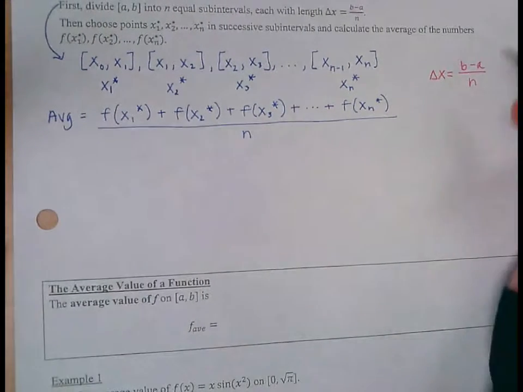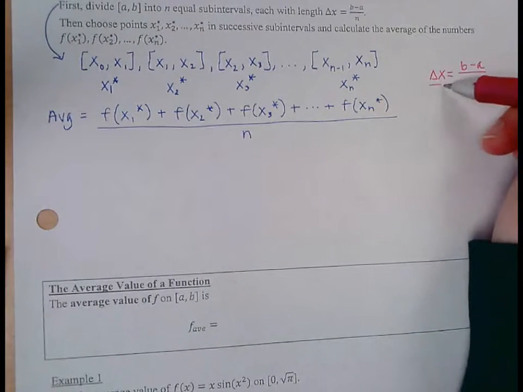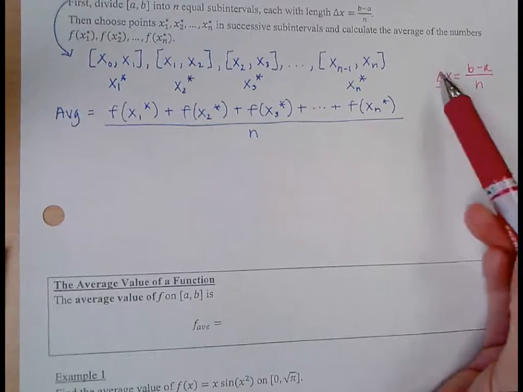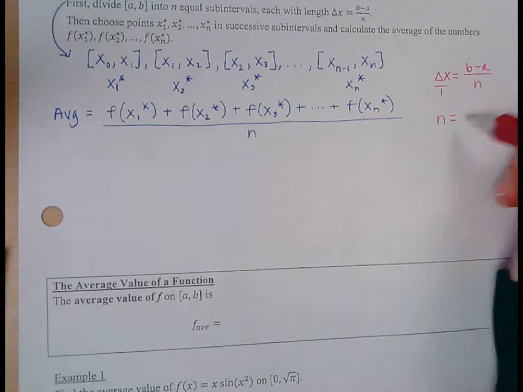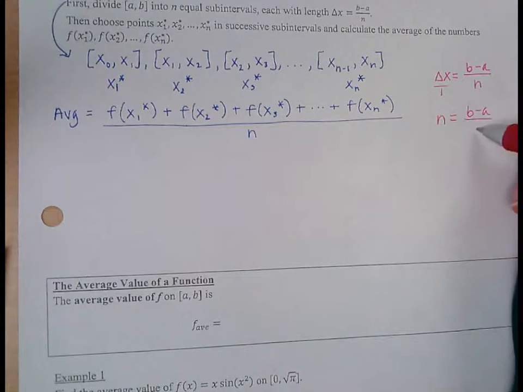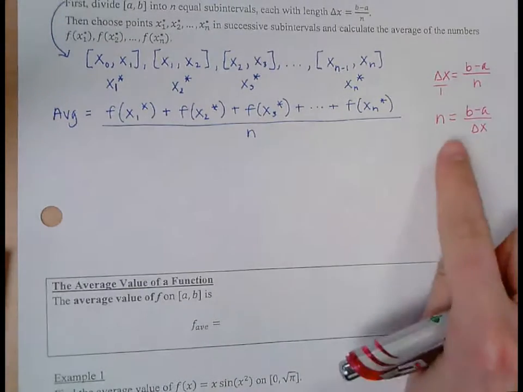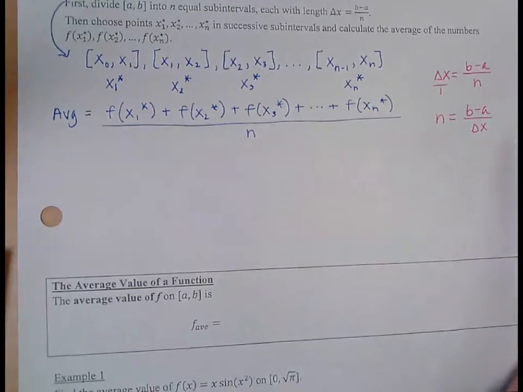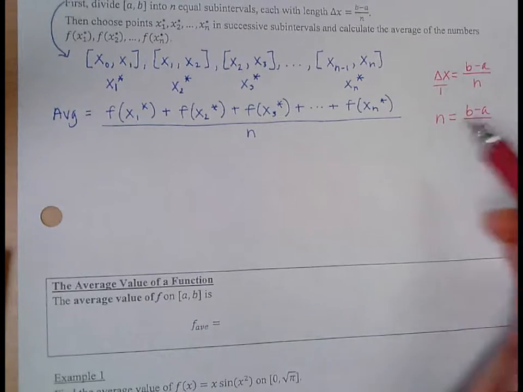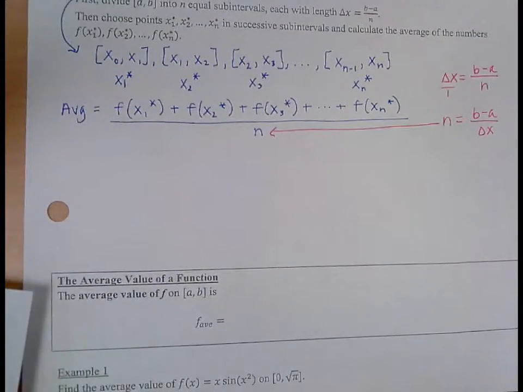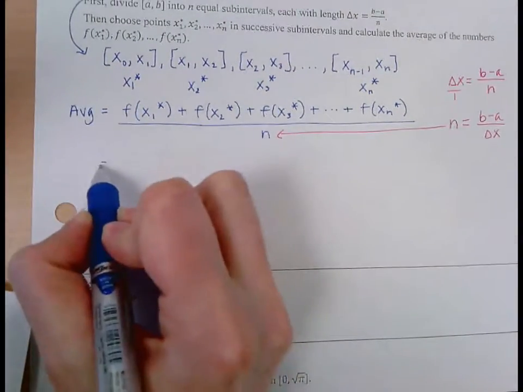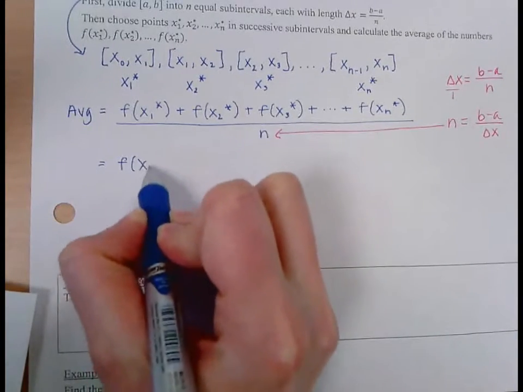Thinking proportion-wise, I can think of delta x as being over 1, and with a proportion you are allowed to switch the diagonals. So n would be equal to b minus a divided by delta x. I'm getting that by solving for n. Then I'm going to replace the n in this denominator with b minus a over delta x, substituting that expression in here. So my expression becomes, still with all of my function values added on the top.